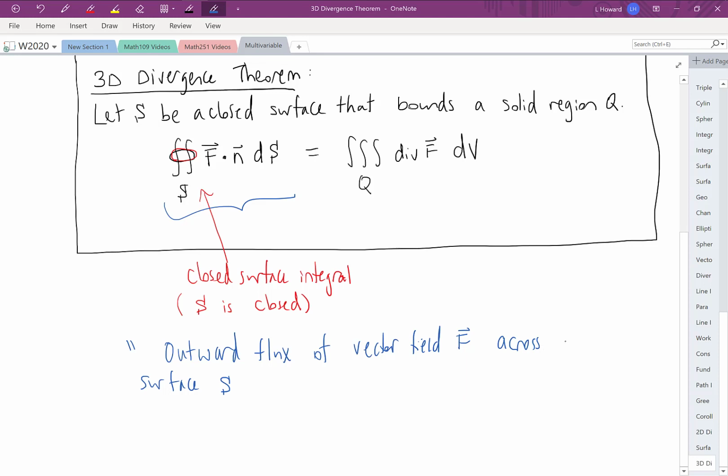So let's say across a closed surface S is the triple integral of the divergence of F. So that's what our divergence theorem is saying in 3D.